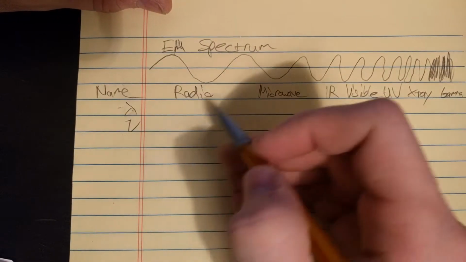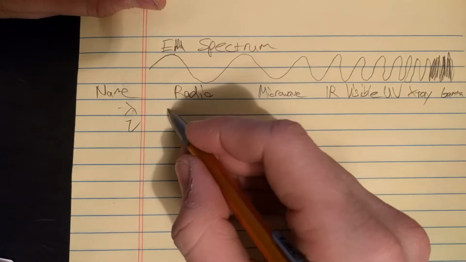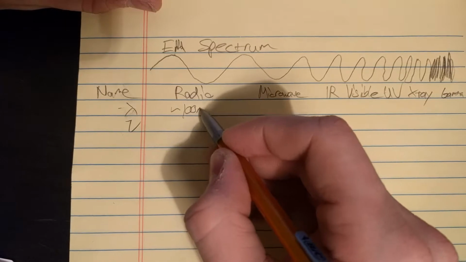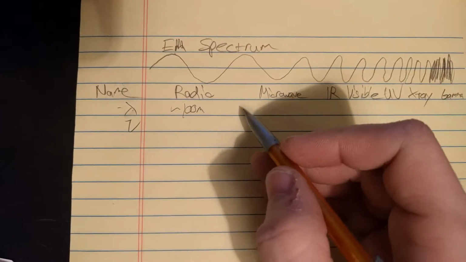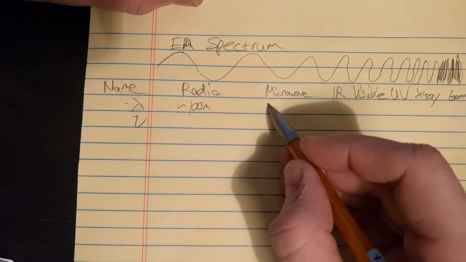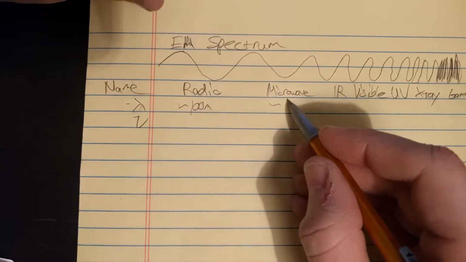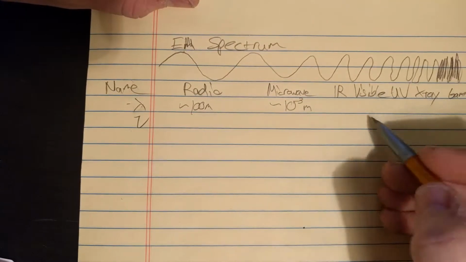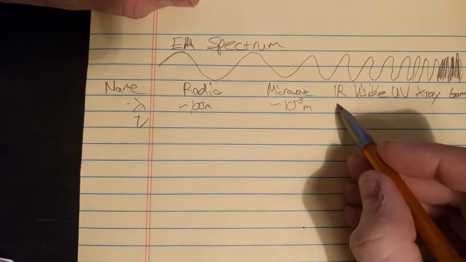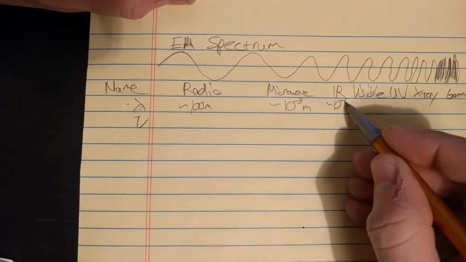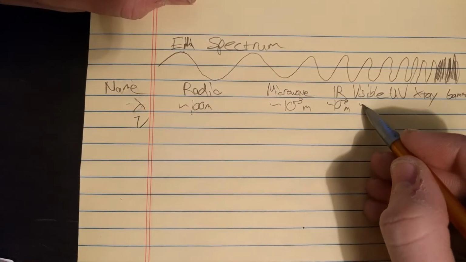Radio waves have a wavelength of, this is very, very rough, let's say like 100 meters, something like that. Anywhere between like 1 and 100 meters. Microwaves have wavelengths of about 1 millimeter, or 10 to the minus 3 meters. Infrared wavelengths are about a millionth of a meter, 10 to the minus 6.